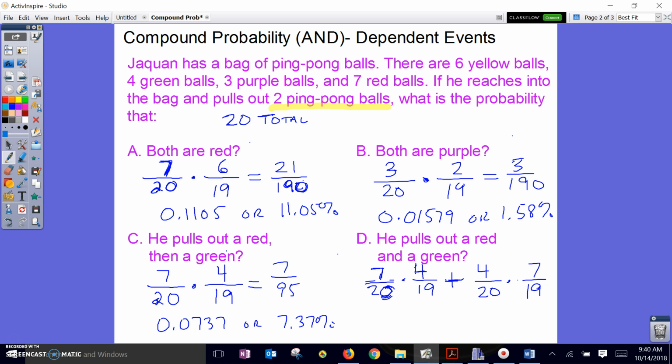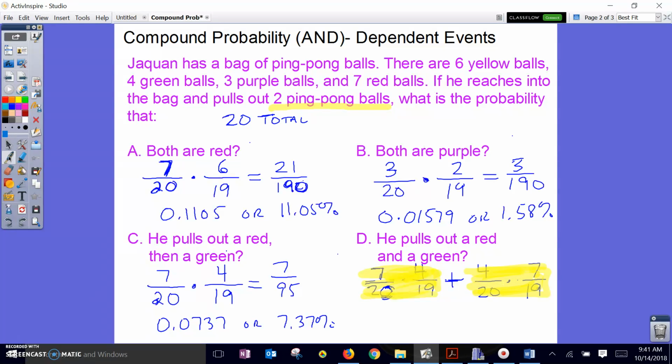All right. Now, if you understand the way that fractions work, you'll notice that when we multiply these together, this probability and this probability are going to be equal to one another.